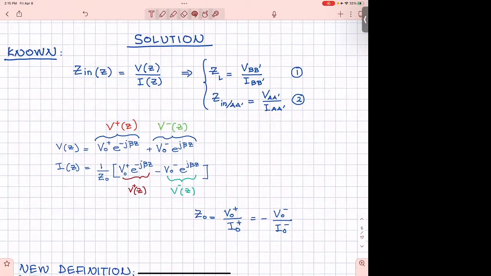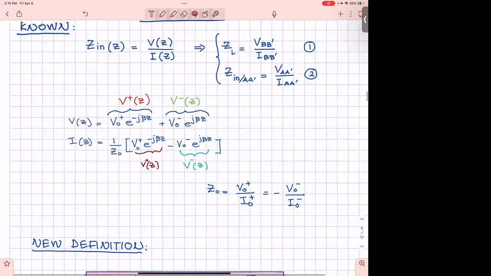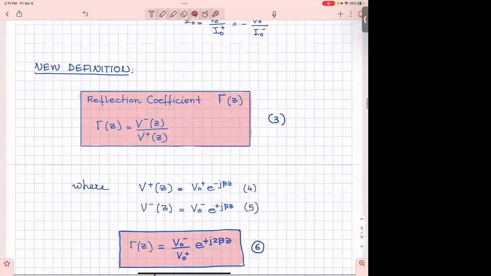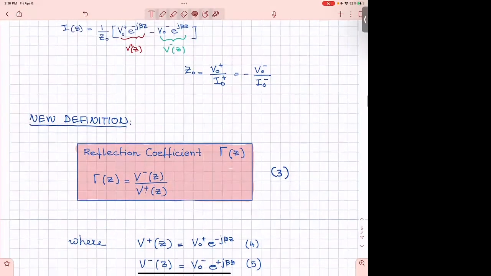Okay. Now, these are things that we have seen. New definitions. Now, I put them in pink because it's new. Reflection coefficient, gamma of Z. The reflection coefficient is a new parameter that relates the reflected wave to the incident.